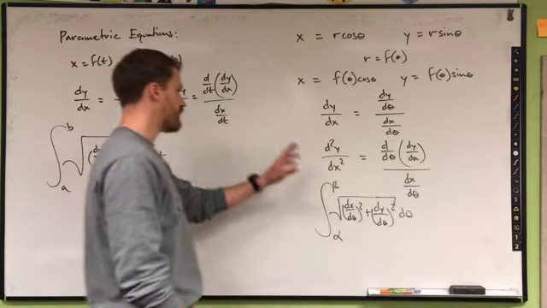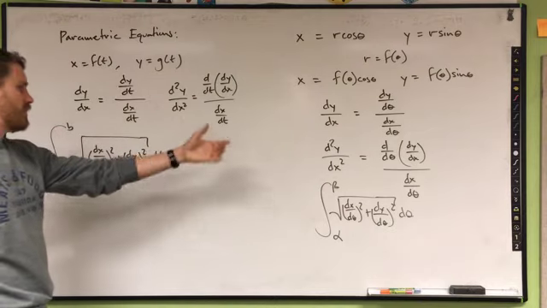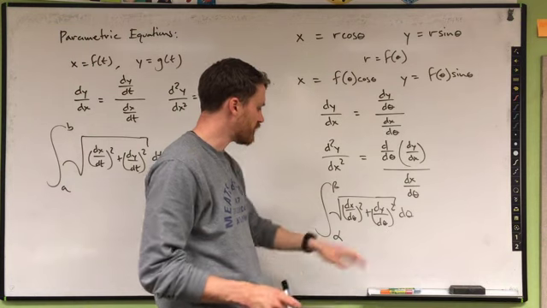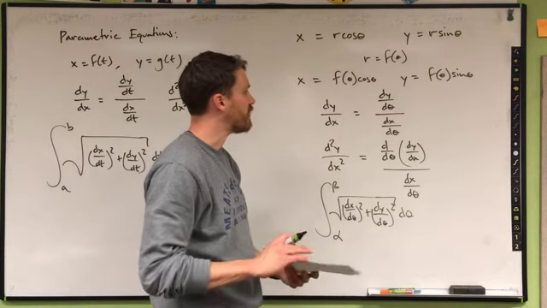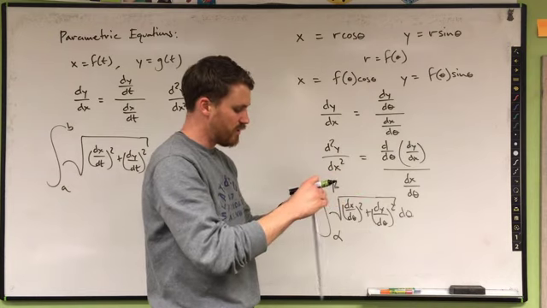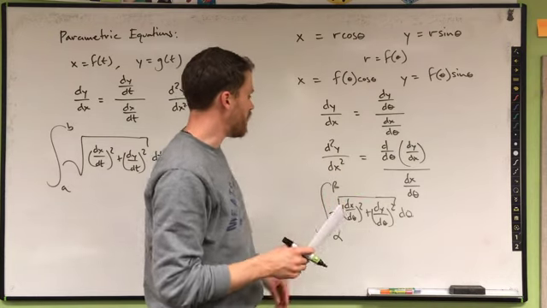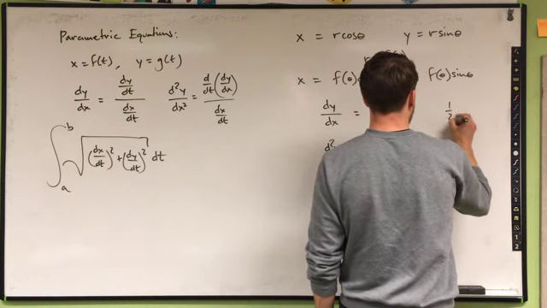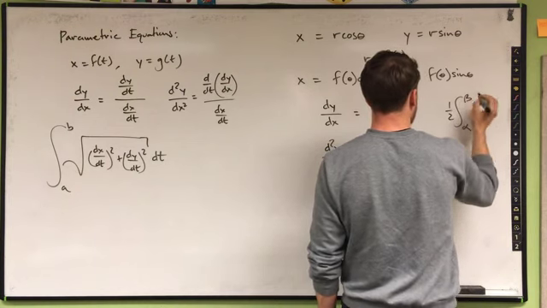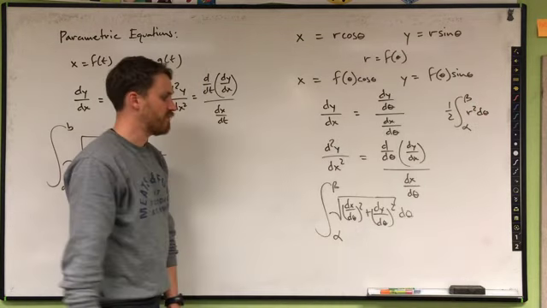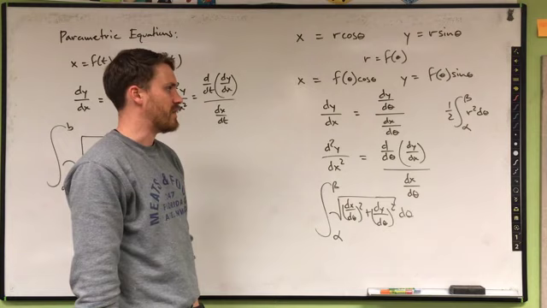And so the same things apply to a polar curve as they do to a parametric curve. This gives us the arc length, or if we're talking about something moving around, the distance traveled. So with this plus area, and remember area was 1/2 times the integral from alpha to beta of r squared d theta, these are the main formulas we need to be able to analyze polar curves.